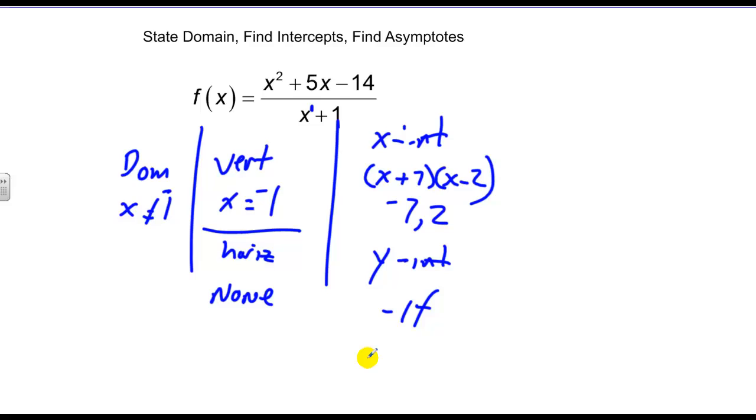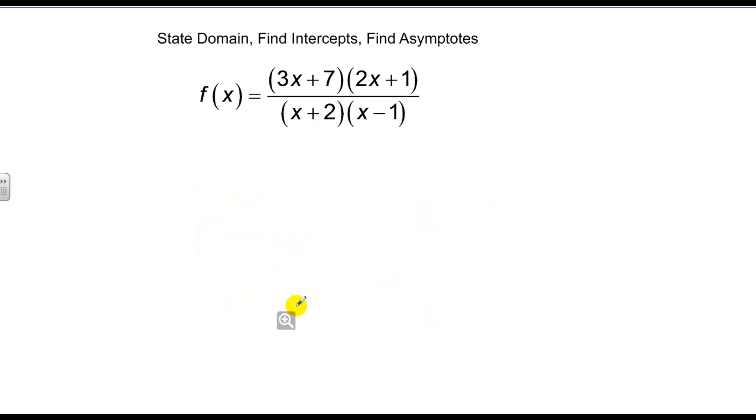Alright? One last example. So this is all in factored form, however I can do a little mental math in here. I'm going to have a 6x squared as my numerator and an x squared as my denominator. As far as highest degree terms go, when I FOIL that out, if I want my domain, then basically I'm setting the denominator equal to 0, factoring and solving, so negative 2 and 1, x cannot equal.